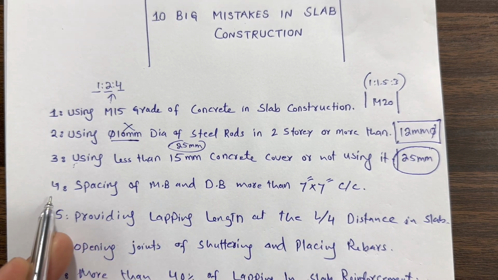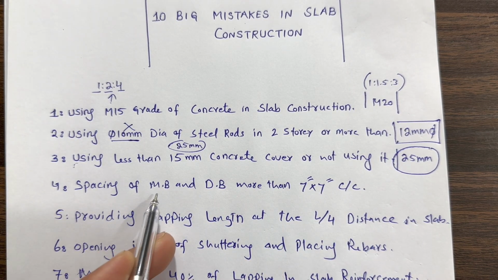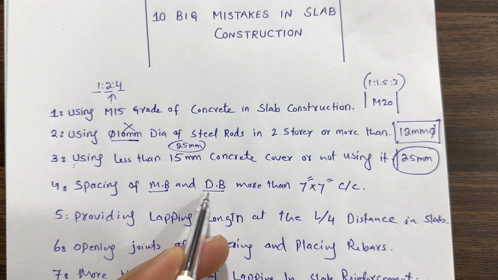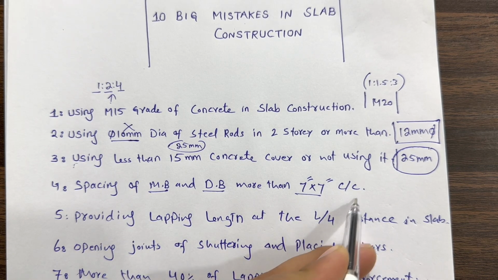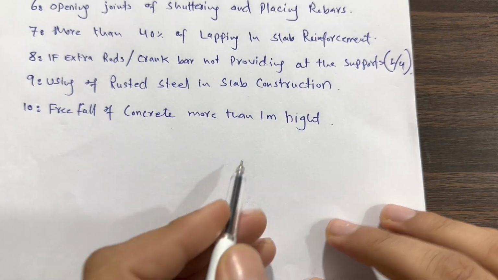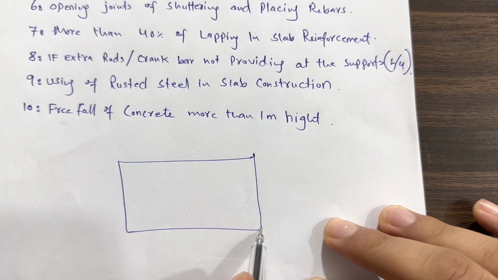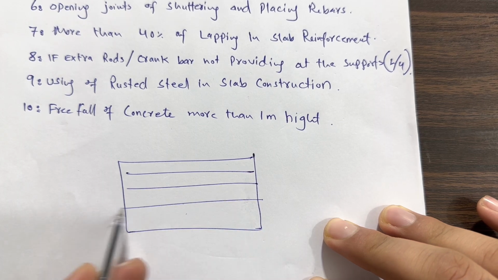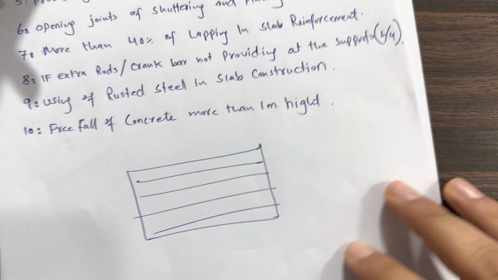Next guys, number 4, spacing of main bars and distribution bars more than 7 inches center to center. Let me guide you. This is an RCC slab. Inside this RCC slab we are providing distribution bars and also main bars.